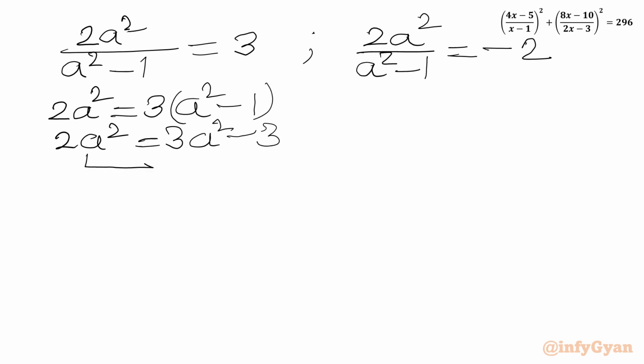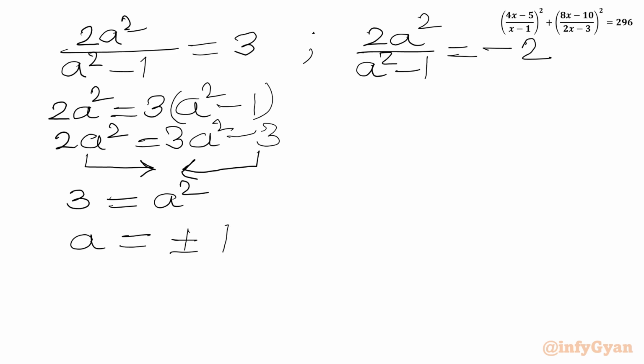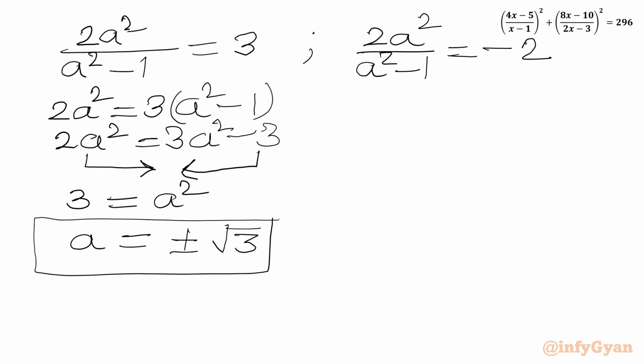Now I will take 2a square to the RHS and minus 3 to the LHS. I will get 3 equal to a square. So a will be equal to plus minus square root 3. Now we have to solve our second equation.